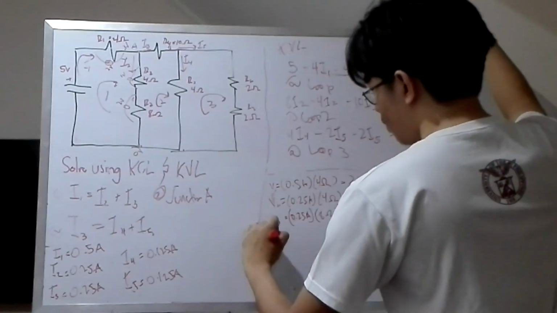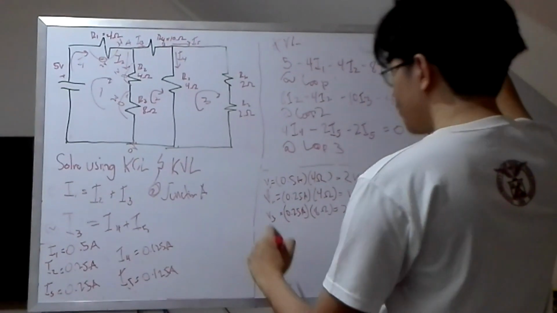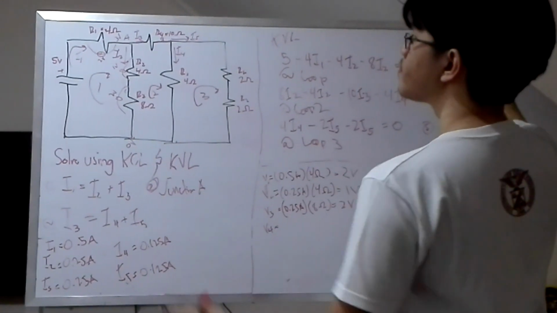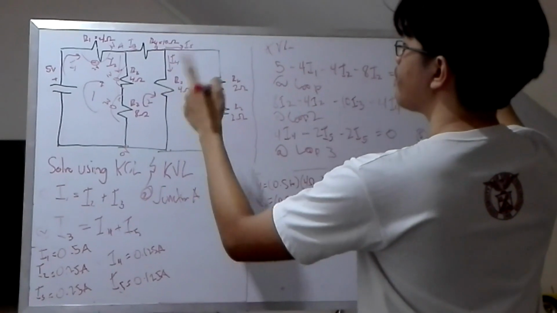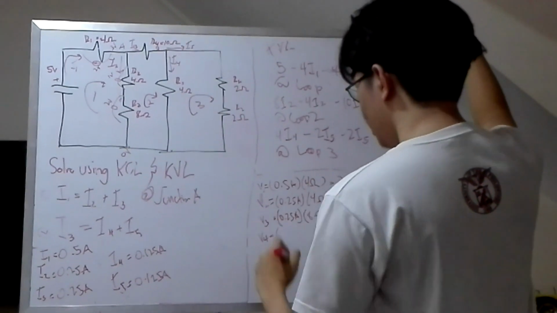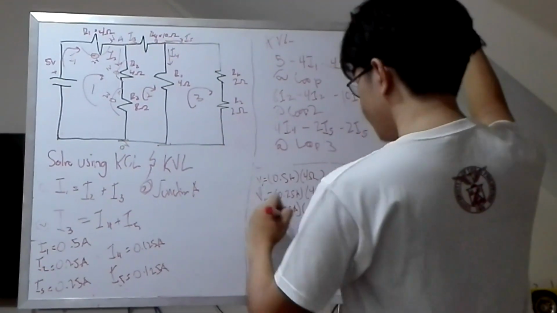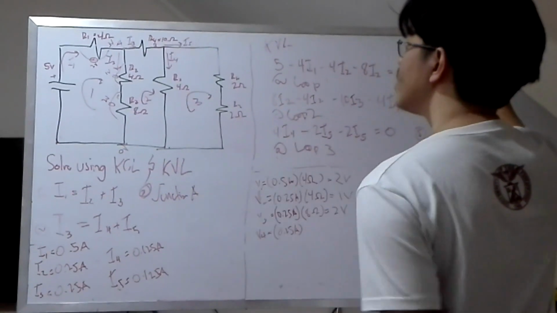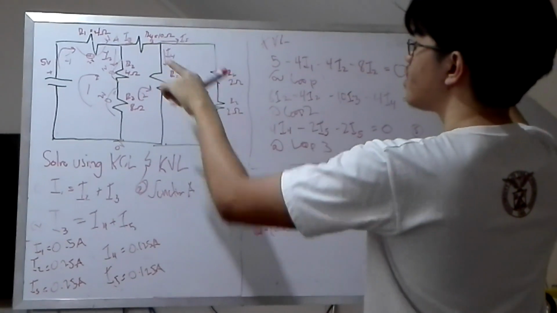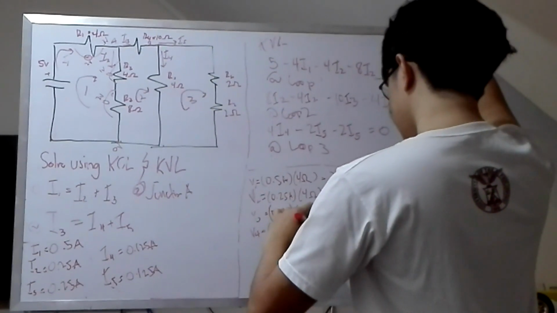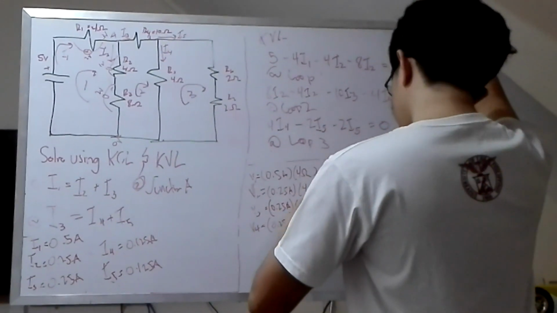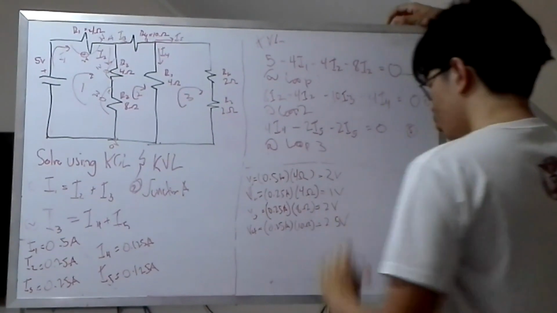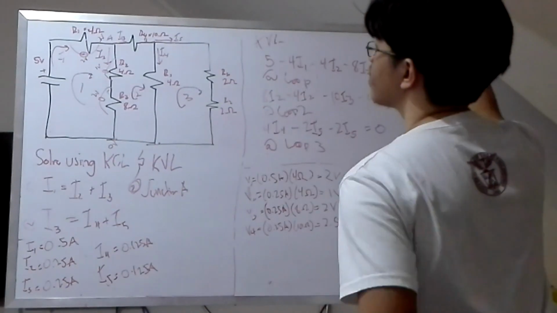In order to get the voltage across resistor number 4, you would get I3, which is also 0.25 amps, multiplied by 10 ohms, which will give you 2.5 volts.